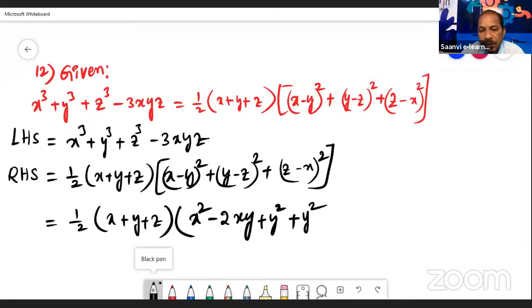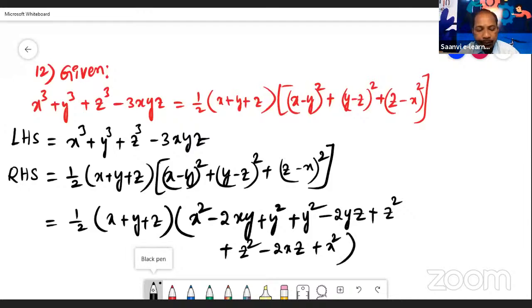So the (a minus b) whole square formula is a square minus 2ab, it means y square minus 2yz plus b square means z square. Okay. And plus (z minus x) whole square is in the same form of (a minus b) whole square. So a square means z square, minus 2ab means 2xz, plus b square means x square. Right.